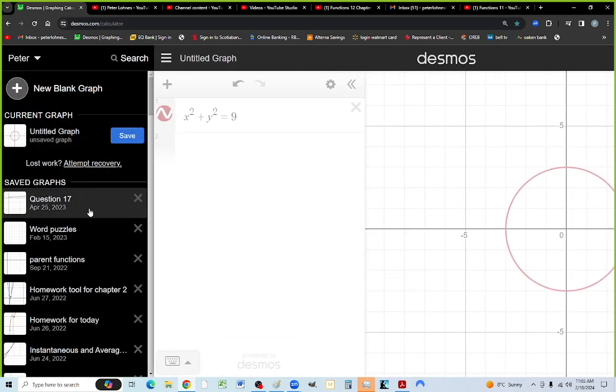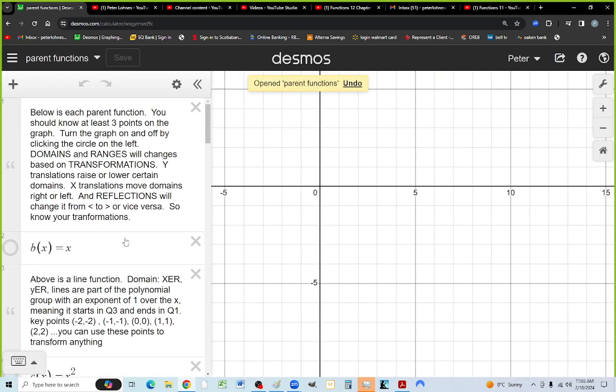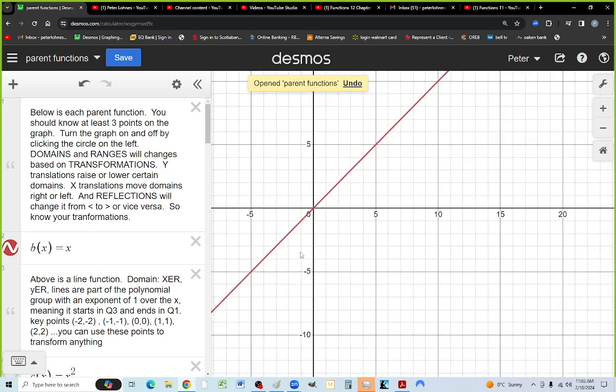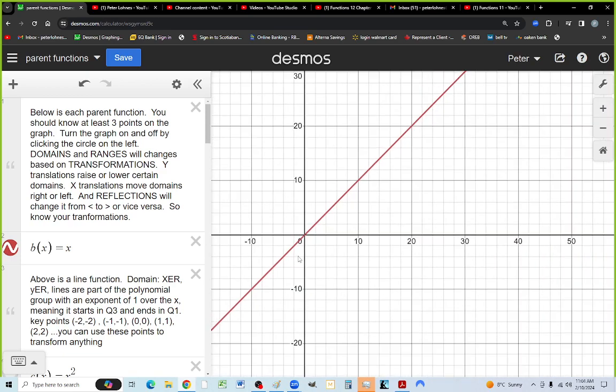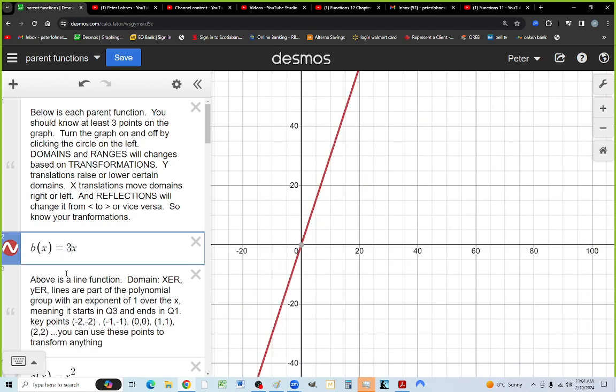And it's this. It is a list of parent functions. And we can see, here's a typical one. What's that look like? It's a line. And what if I put a 3 in front of it? Oh, it changed, didn't it? Yes. Okay. But a line would pass the vertical line test, wouldn't it?